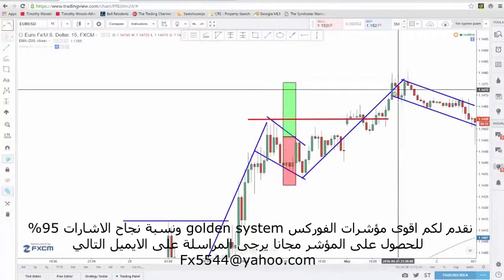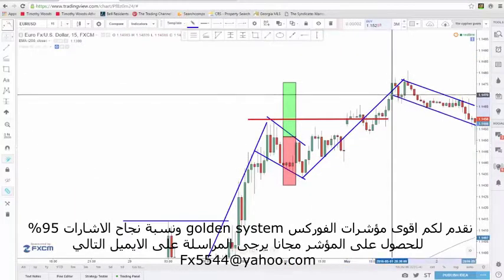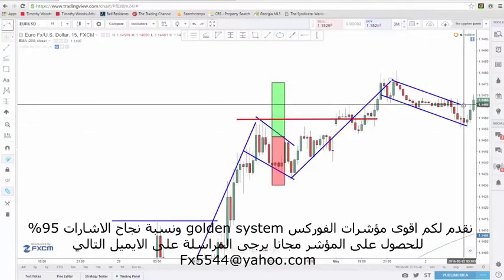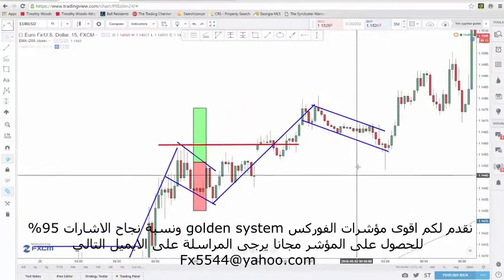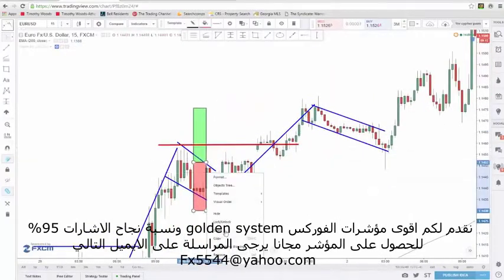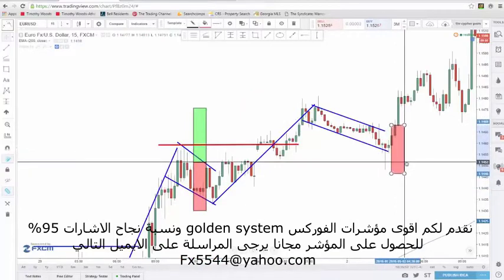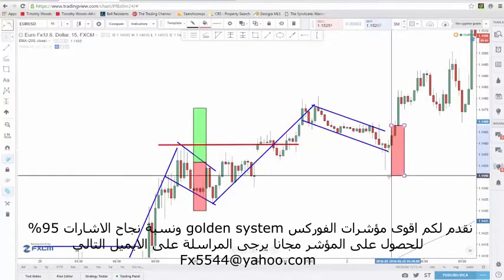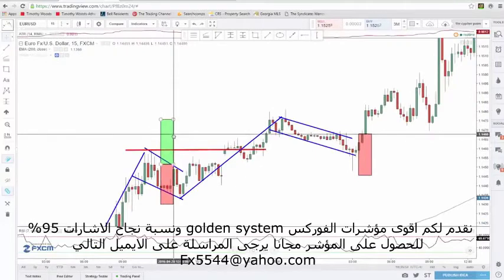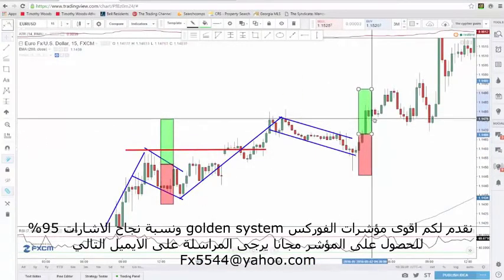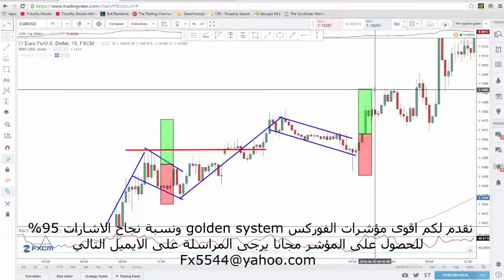Not that it really matters, but that's just how I've decided to draw these flag patterns out for you guys. Waiting for the break above, we got it. Now stops again below our previous swing there, and targets, assuming we're taking targets at a 1-to-1, close to where they're at already.